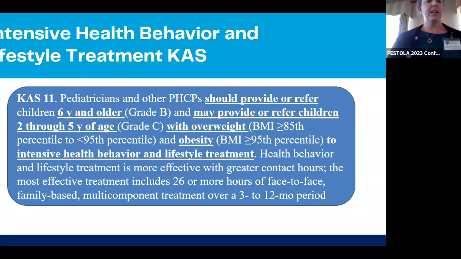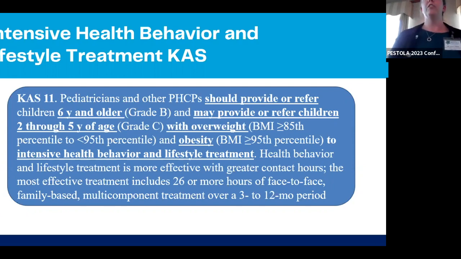So this key action statement talks about providing or referring children to intensive health behavior and lifestyle treatment. The dose of the health behavior and lifestyle treatment directly correlates with its effectiveness, with the most effective treatment including 26 hours or more over 3 to 12 months. So this is not new.